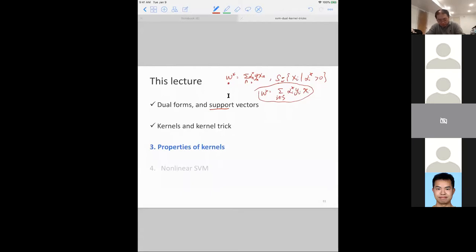Then we talk about kernels and kernel tricks. So what are kernels and kernel tricks for? I want to ask, can anyone give me a hint? What's the motivation for us to talk about kernels and kernel trick?